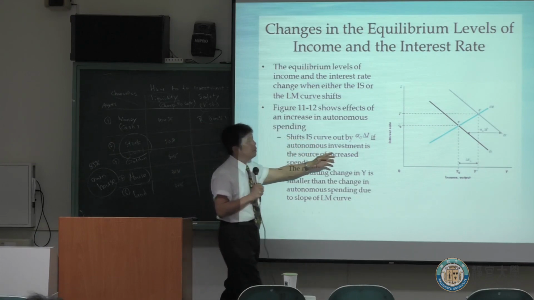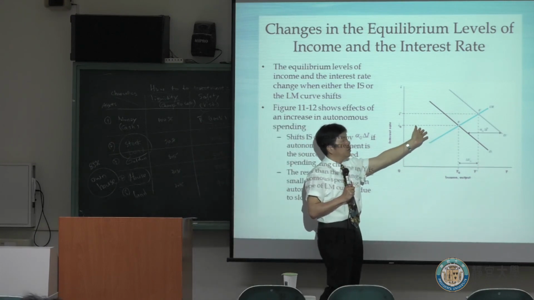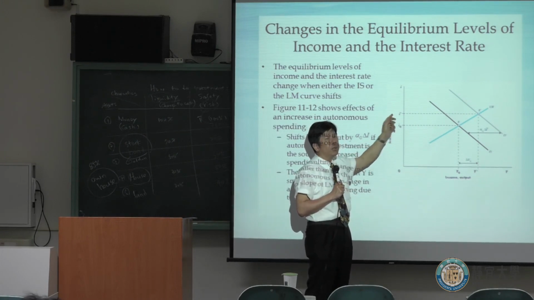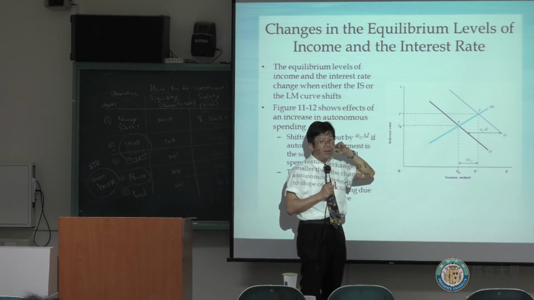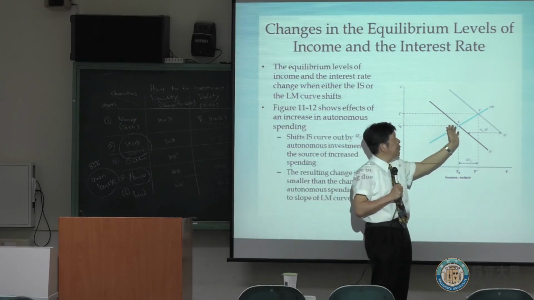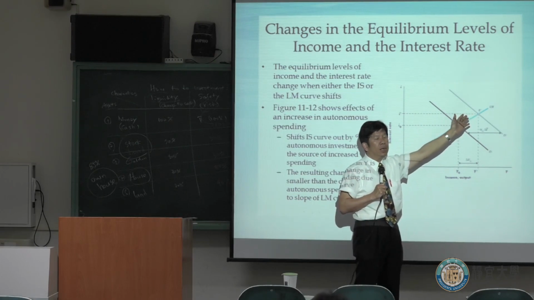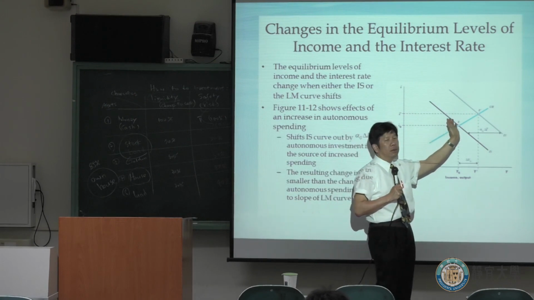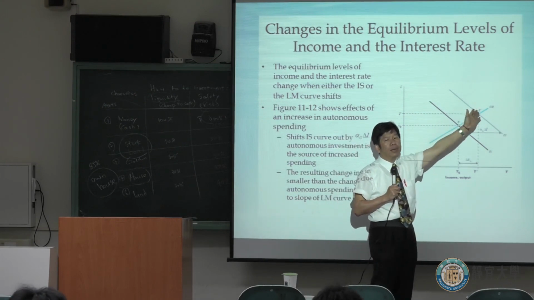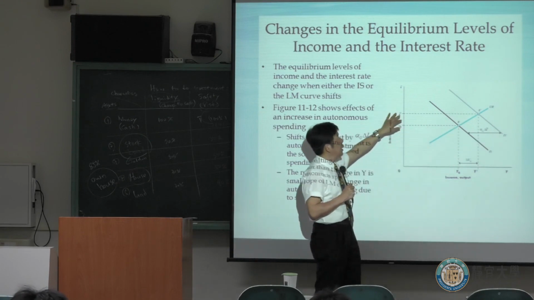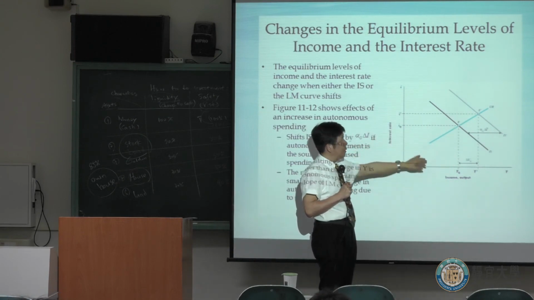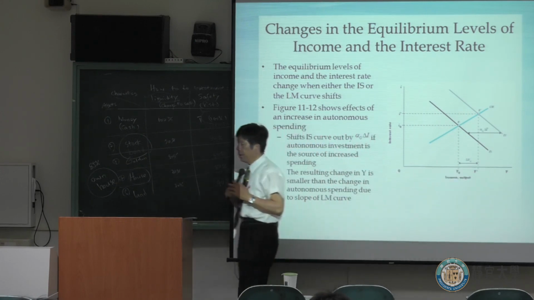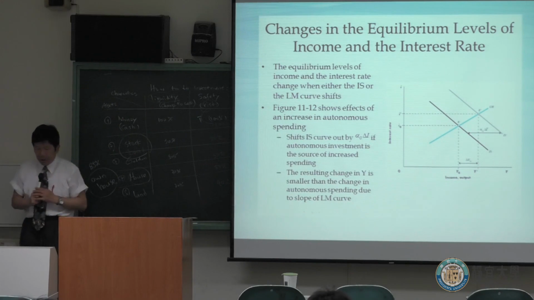When the IS curve shifts to the right-hand side, the interest rate can increase. Sometimes the government uses fiscal policy, and then the IS curve shifts to the right. For example, when government spending increases, this curve shifts to the right-hand side, which means the interest rate will increase and the output or income also increases. So you need to know this.